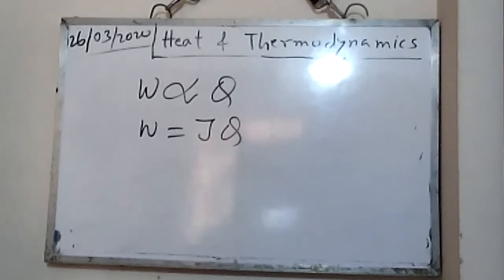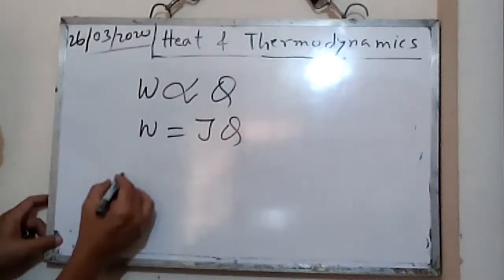Moreover, the first law of thermodynamics can be explained in other ways. This law implies that the amount of heat supplied to a system must be balanced by the sum of the gain in internal energy of the system and the external work done.